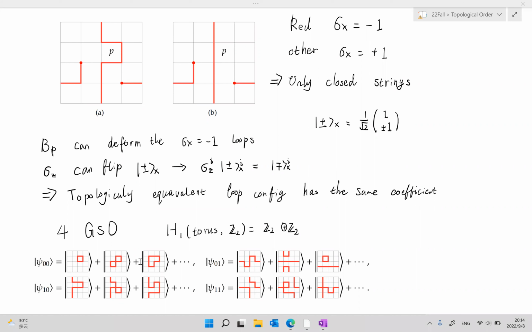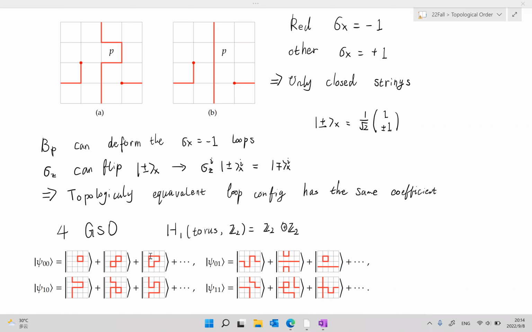Okay. And from topology, for example, if we are on the torus, we have four different non-contractible loops. Oh no, how to say?